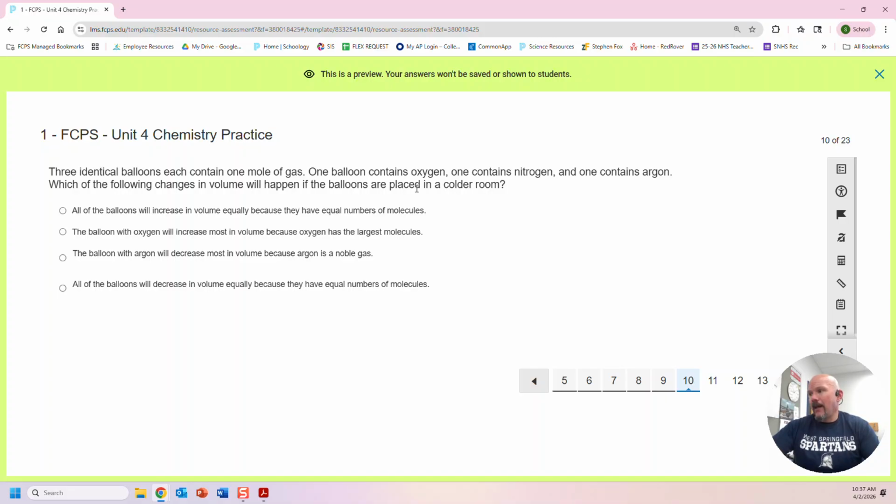If they slow down, they collide less. If they collide less, the pressure is going to go down. And for a flexible container like a balloon, if you have fewer collisions pushing out, the volume is going to get smaller. So they're all going to decrease in volume, but it doesn't matter that they're different gases. What matters is that you have the same number of gas particles in each one, so they would decrease in volume equally because they have an equal number of molecules.